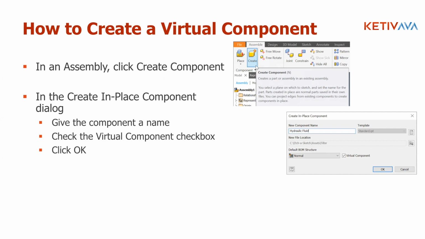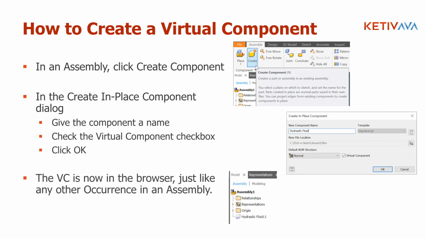When you do that, you're not going to pick a template because you're not creating a file. You're not going to pick the file location because, again, you're not creating a file. You just click OK. A virtual component is added to your browser just like any other occurrence in an assembly. It lives in that assembly in terms of the data, and there's no additional file on disk that you have to worry about.